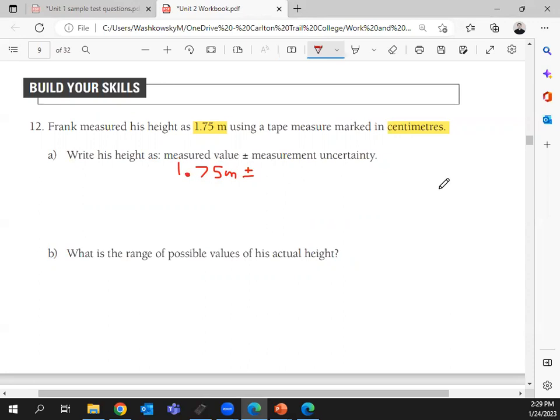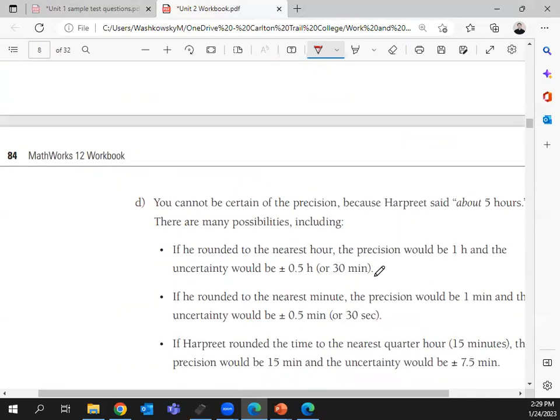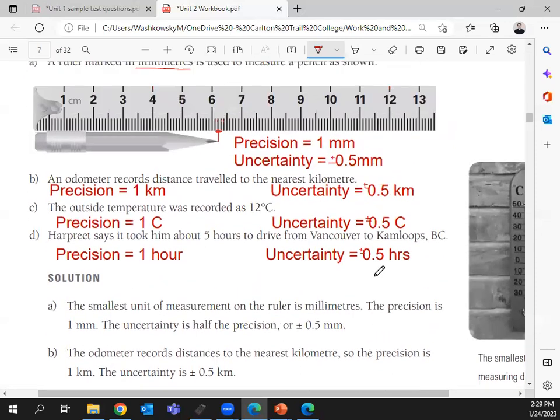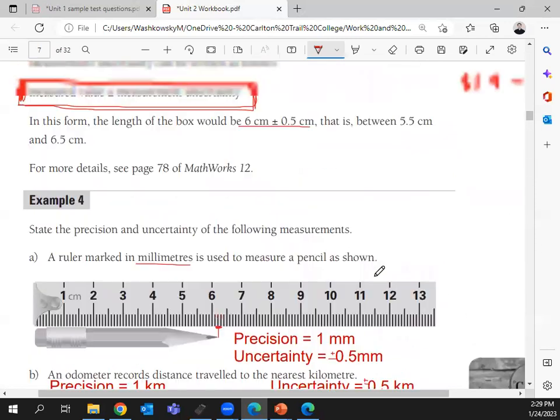We were figuring out measurement uncertainty. So how do I figure out measurement uncertainty again? Smallest value of the 0.75 meters, right? So that's precision. Again, if you're ever unsure, that's how we display it.